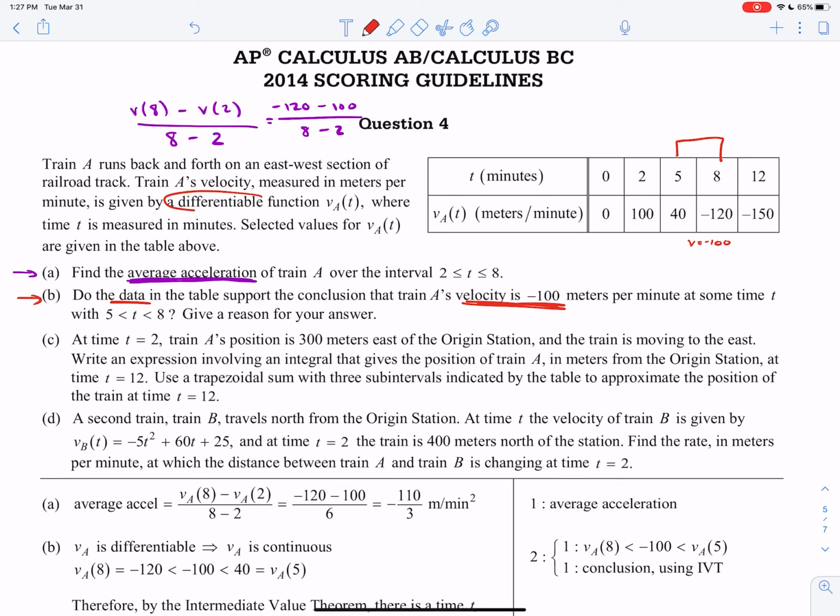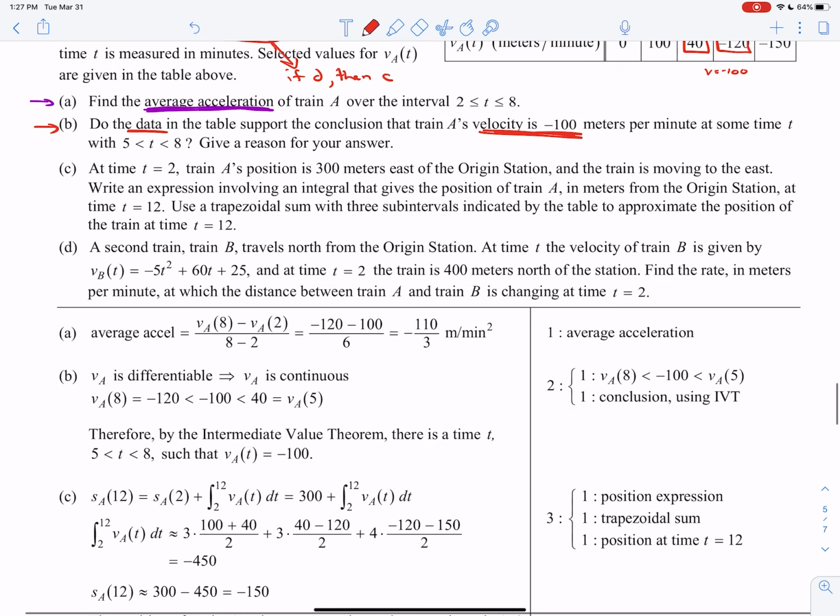And if you notice here, they mentioned that it's differentiable, so that implies that the function is also continuous. So since the function is continuous, if you go from 40 and then you end up at negative 120, there has to be a moment where you pass negative 100 according to the intermediate value theorem.